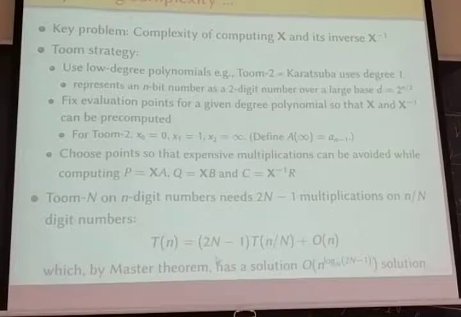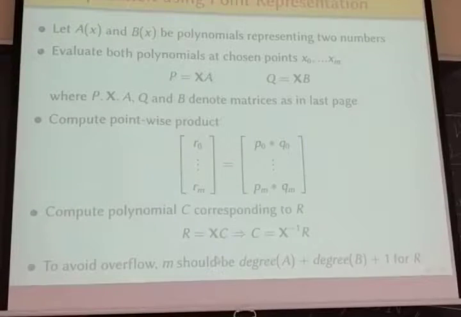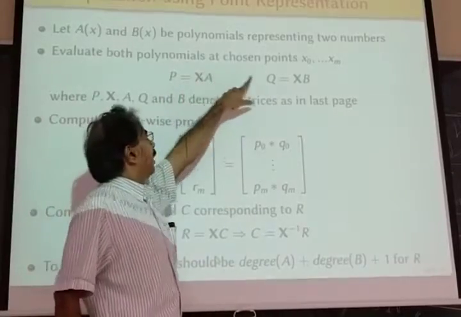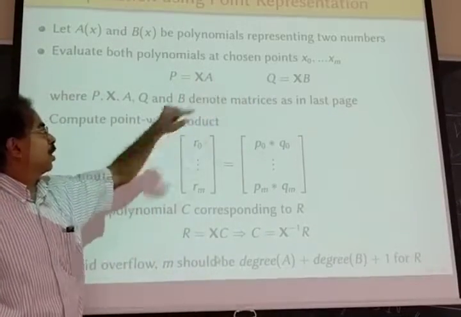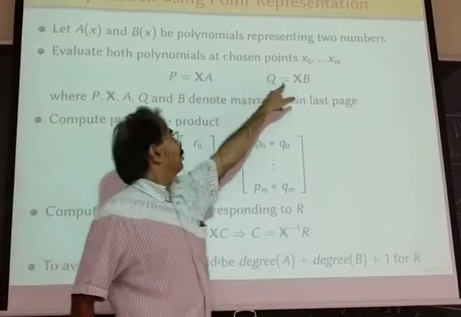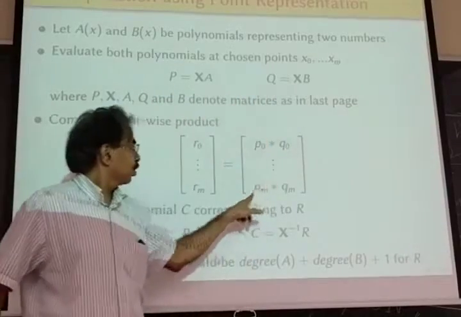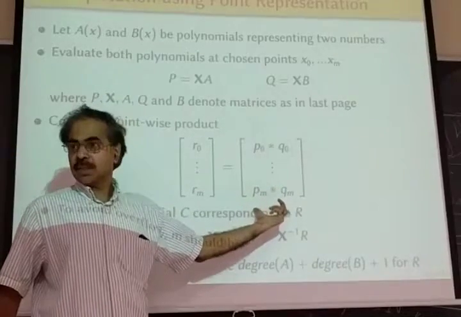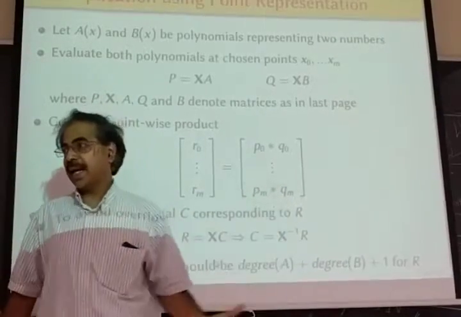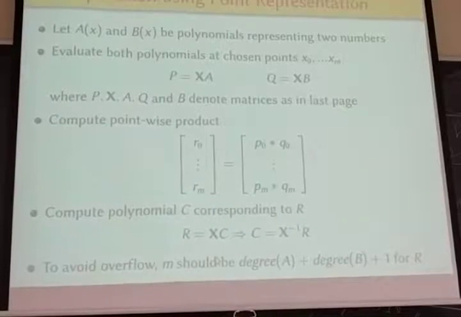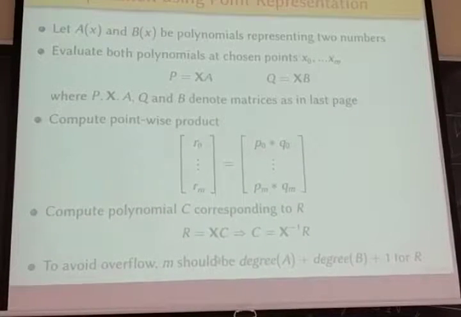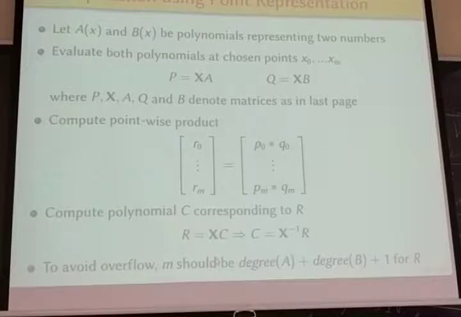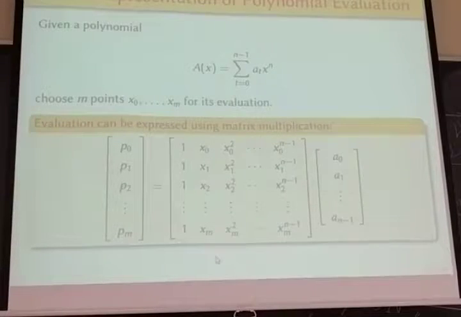Now, we said that the only place we will somehow magically pick the points x0 to xn such that there are no multiplications involved elsewhere. So the only multiplications are involved here, which means that we have m multiplications, and we said m should be 2n minus 1.